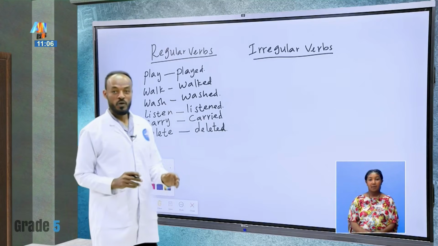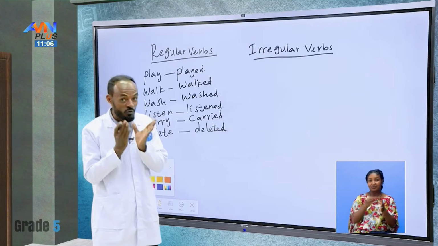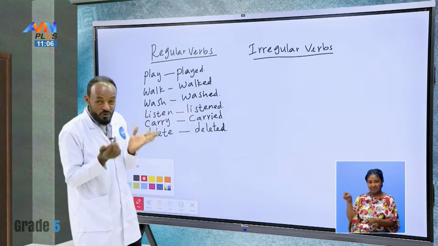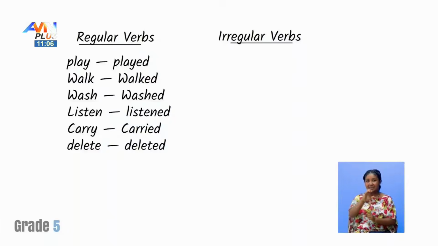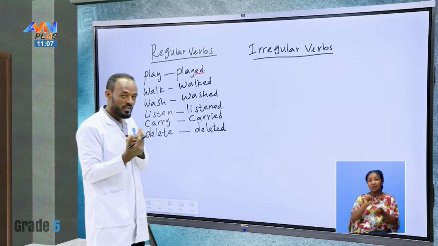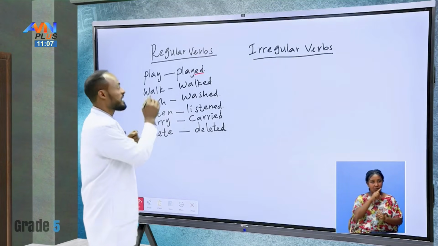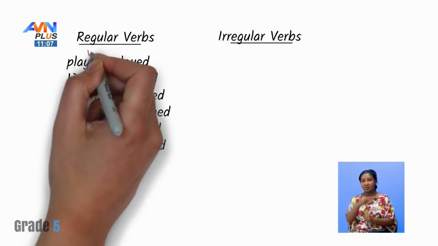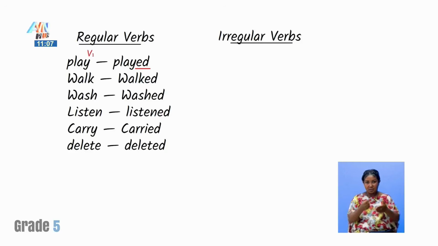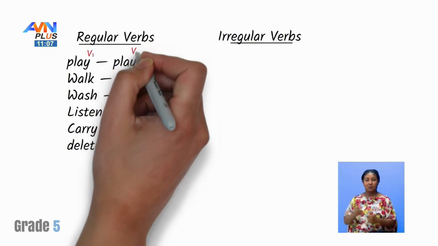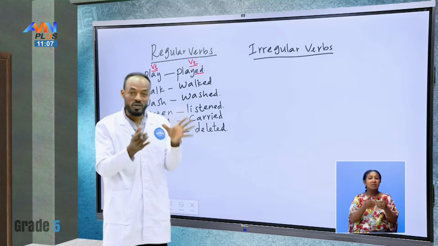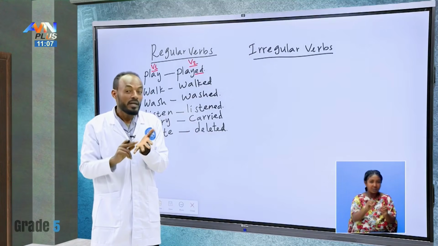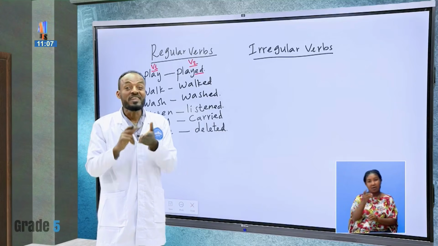Now here, we're going to say something about regular verbs. So a regular verb means the verb which takes ed when we change it into verb 2. This one is verb 1. This one is verb 2. Look, verb 1 means the verb which we simply write without d, ed, or ied.